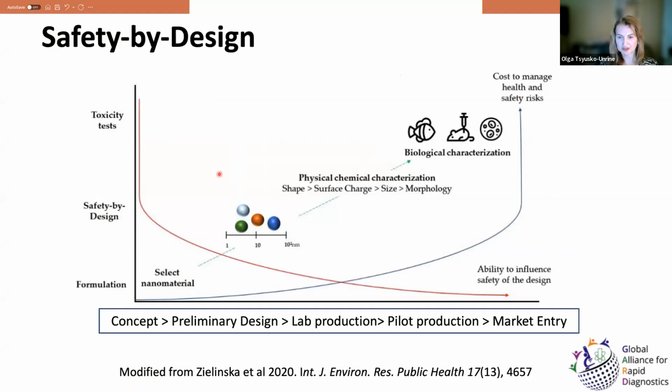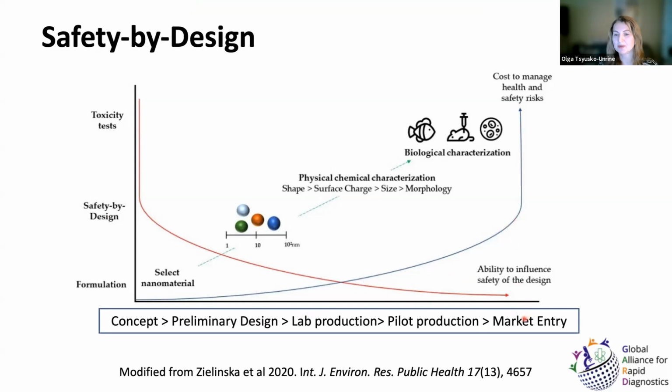If you look at those stages right here, starting with concept and ending with market entry, this is your ability to influence safety of design, and this is the cost to manage health and safety risk. You can tell that as you move through those stages, it's much harder to influence the safety of design, and it will be much more expensive.